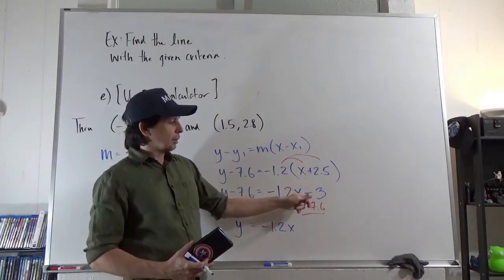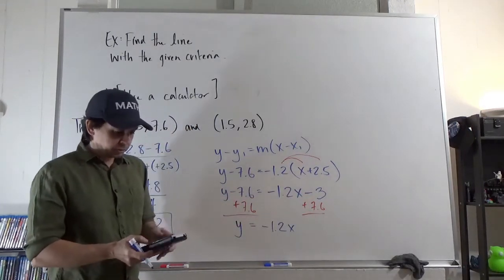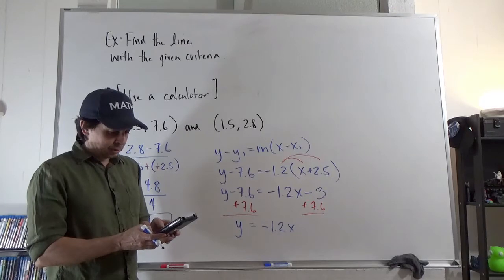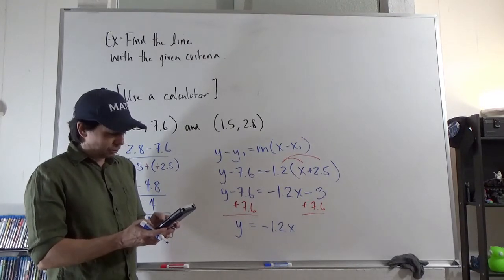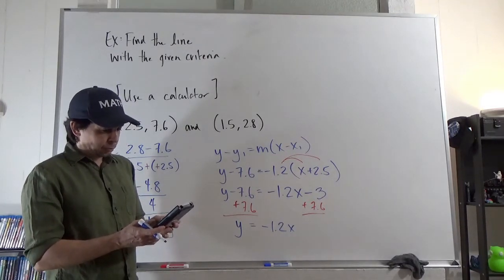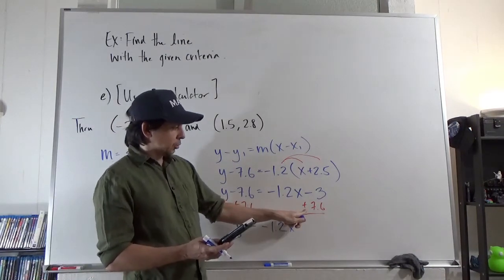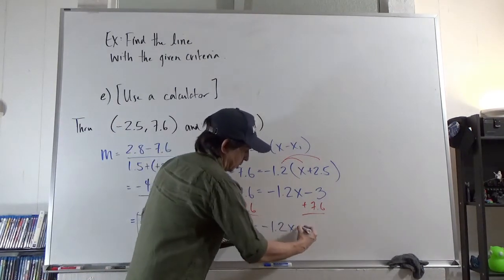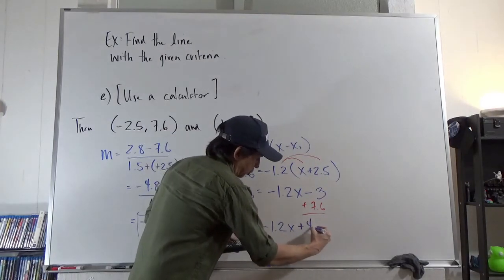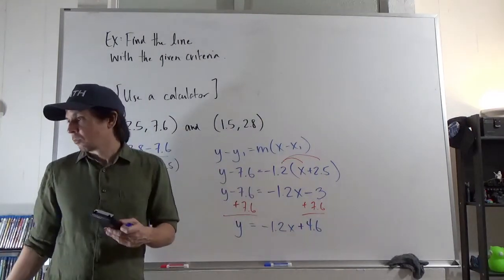That's a negative added to a positive. That's opposite sign, so I've got to find the difference. 7.6 minus 3, 4.6. I got to decide whether it's a positive or negative. It was a bigger positive, so that's plus 4.6. Yeah, and that's it.